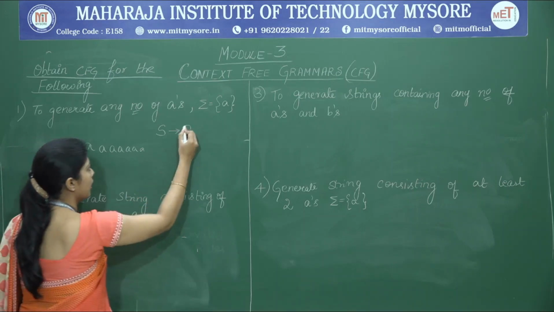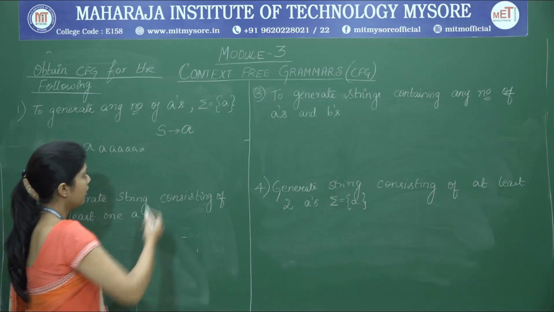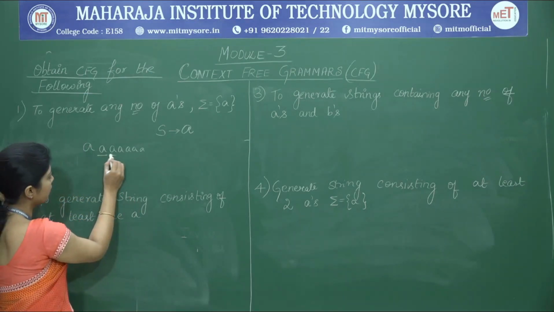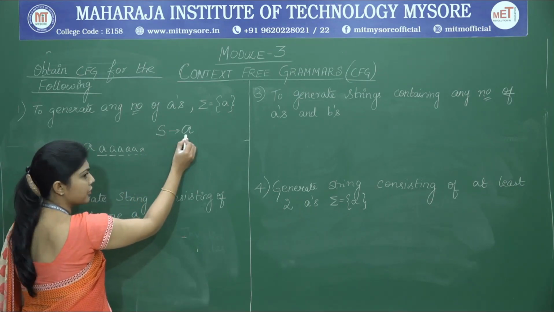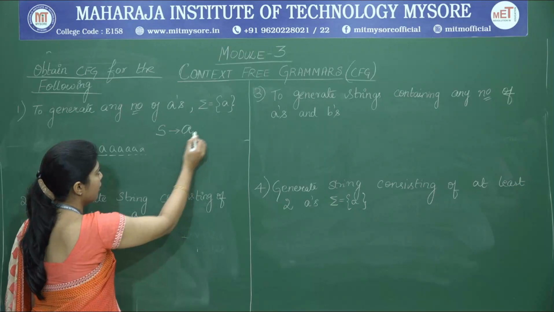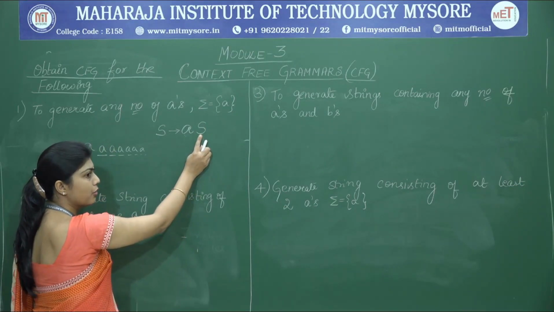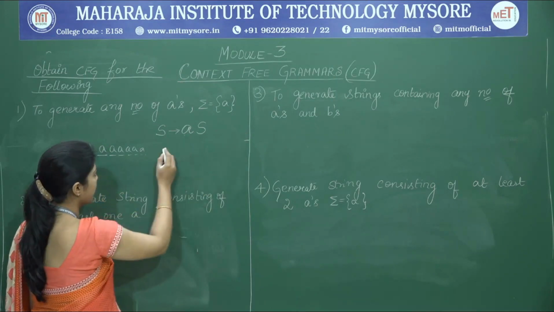So A is the symbol that it is going to generate, and recursively you should see that the second A has to be produced, the third A has to be produced, and so on. So the S is the one which is generating a single A. So if I go on repeating to substitute for S again, it is going to generate any number of A's.